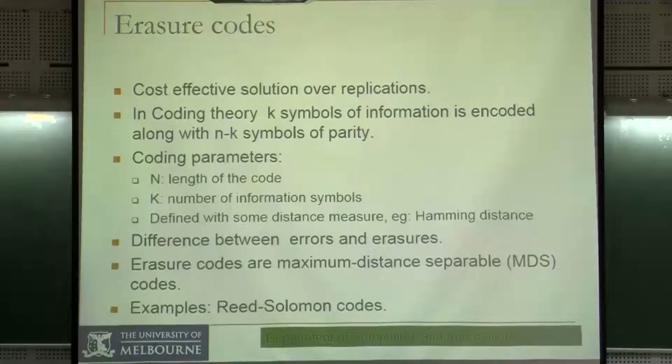Computing people will say, oh, this is just a data protection technology. People can come up with a lot of definitions based on how they use these ideas, whereas to a coding theory person, erasure code is more about explaining the k out of n property and these kinds of fundamental things.